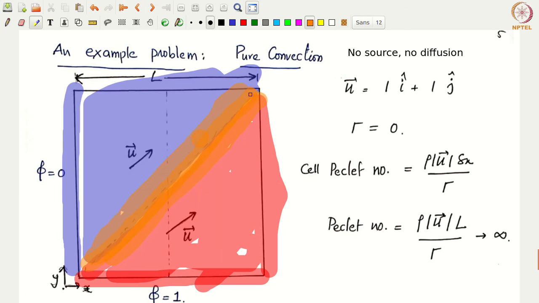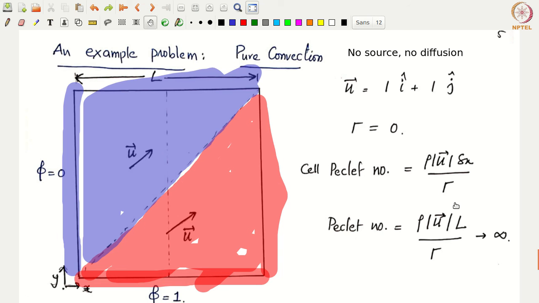So this layer would exist in which the phi value will change from 1 to 0 along the diagonal. Okay, but for the present problem we don't have this gamma, so as a result there is no such layer. Okay, so this is the exact solution. Now if you were to calculate the cell Peclet number, which is given by rho mod u bar delta x by gamma, what would this value be?